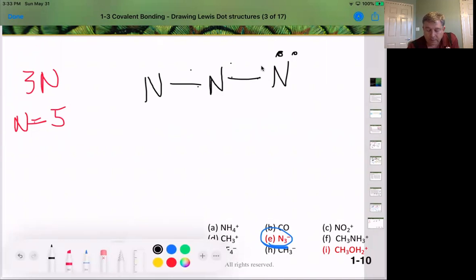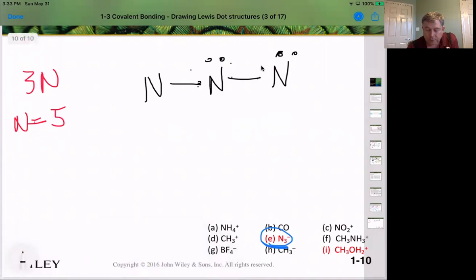So we have 1, 2, 3, 4, 5 around each one. Okay, so each of the nitrogens now has 5 electrons around. But this one only has 6 electrons around it, so that means it needs to share an electron.